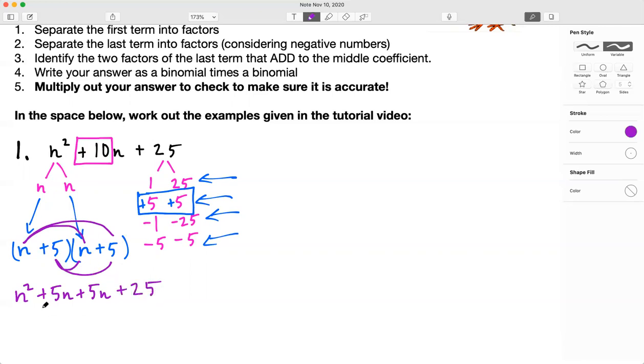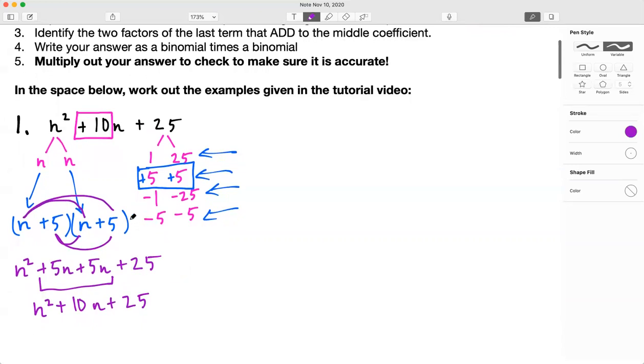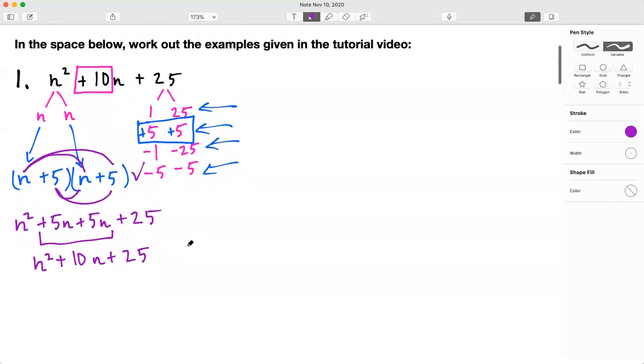And then when we simplify this, this term in the middle, 5n plus 5n, we get 10n. And in fact, that does lead us to what we started with, n squared plus 10n plus 25. That does check. But our answer is really right here. This is just the check. Okay.